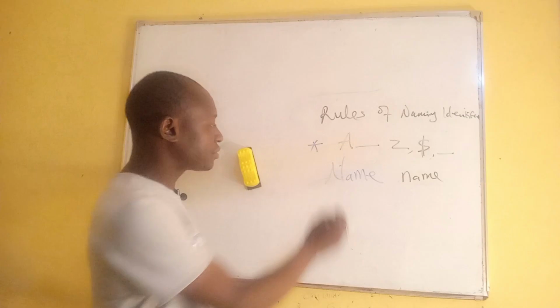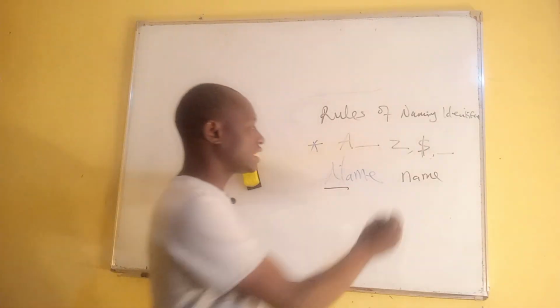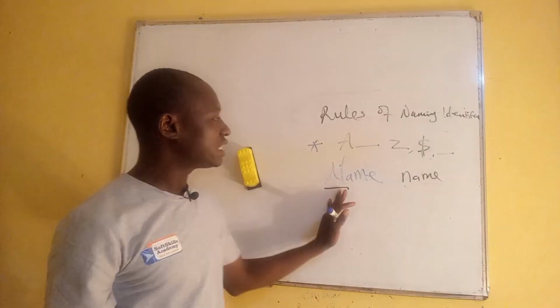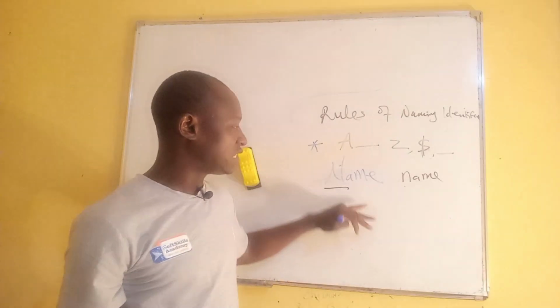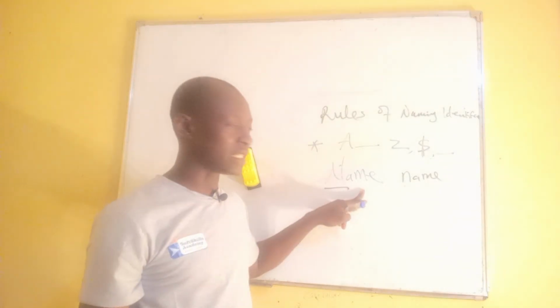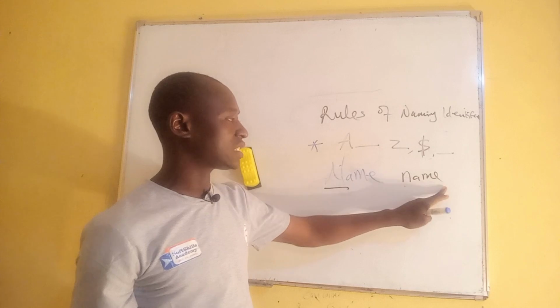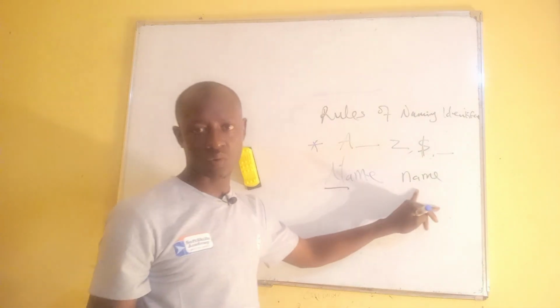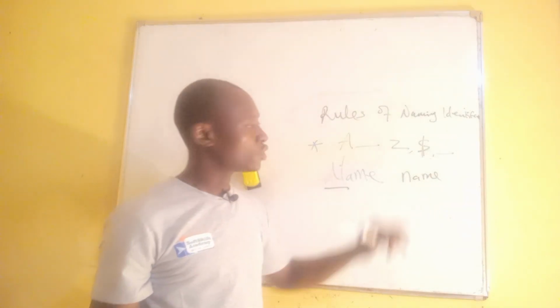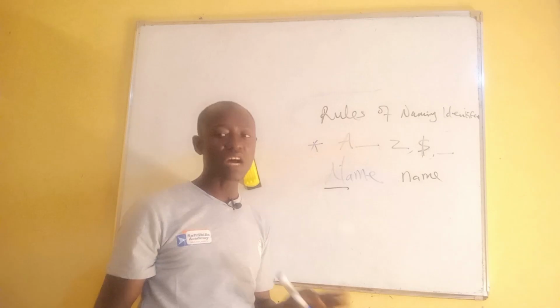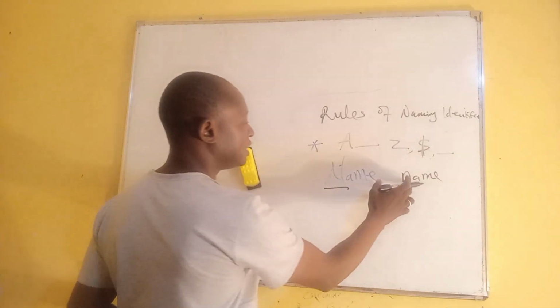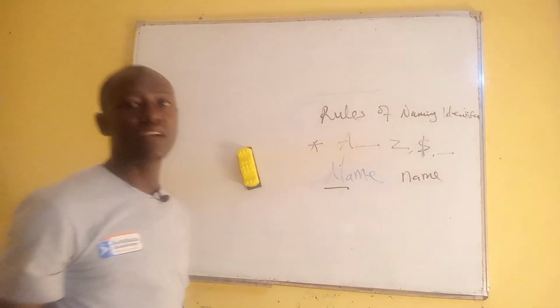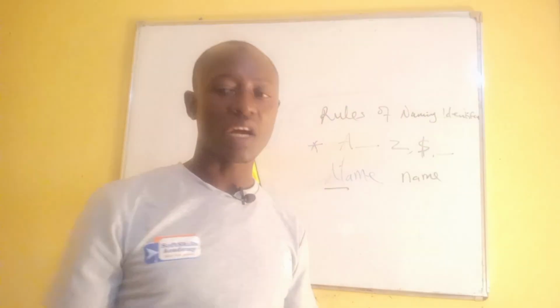Name here is capital letter, name here is small letter. So this is totally or entirely different. If you use this in declaring your variable or identifier, when you come to print and you're using this, you will get an error. Are we together? So that's what it means. So Java is case sensitive, in such a way that these and these are two different things in Java.